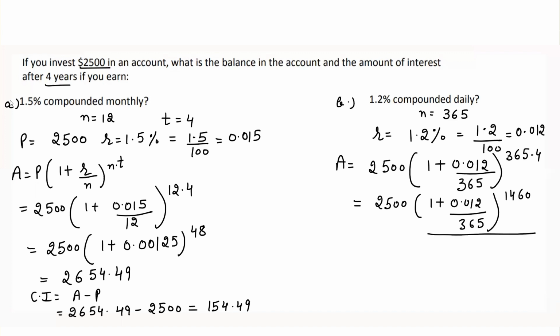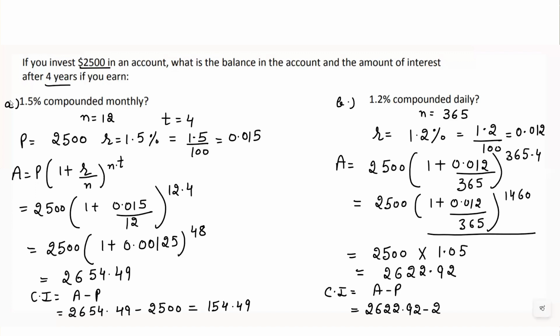If I solve this part, I will get 2500 into 1.05, which is equal to 2622.92. So we need to find the compound interest, which is equal to A minus P. The amount is 2622.92 and the principal is 2500, so the value we get is 122.92.